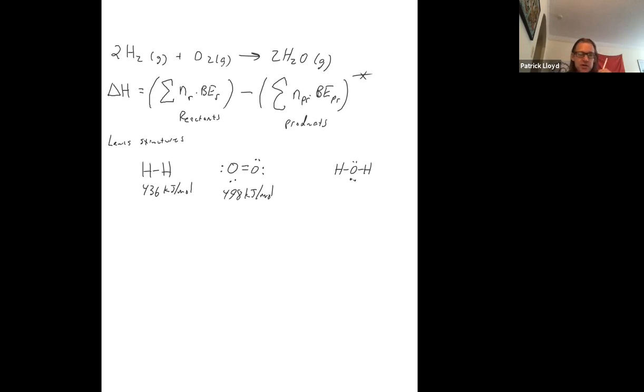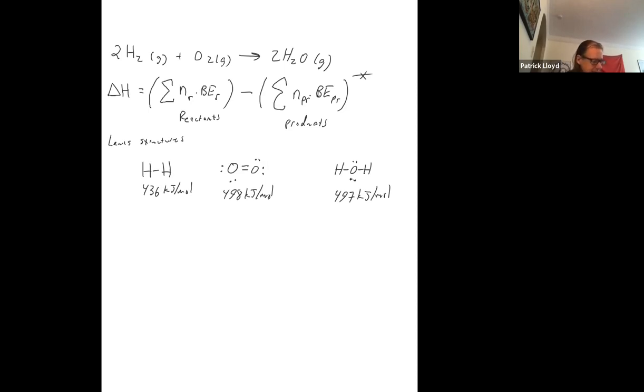It's an OH bond, and the OH bond is 497. I'm getting that from the data table information there. Remember, an O double bond O, a double bond between two oxygen atoms, is not the same as two single bonds. So don't look up oxygen single bonds and then multiply by 2.